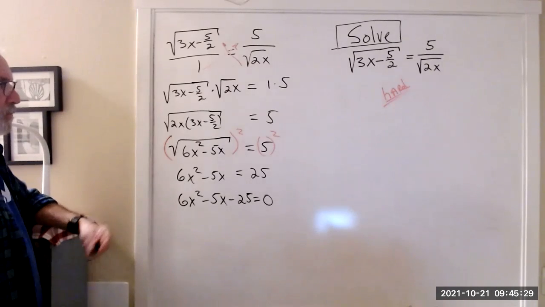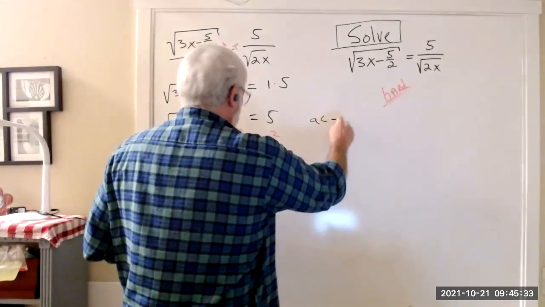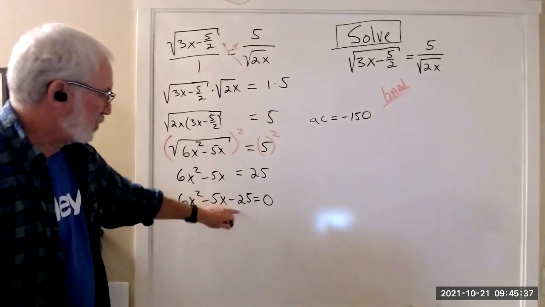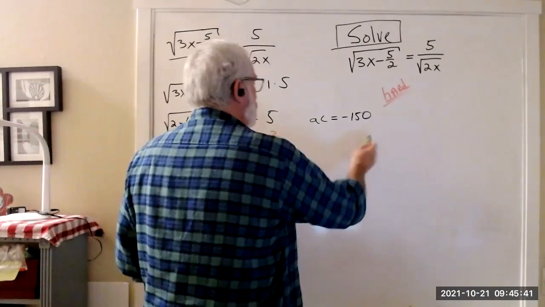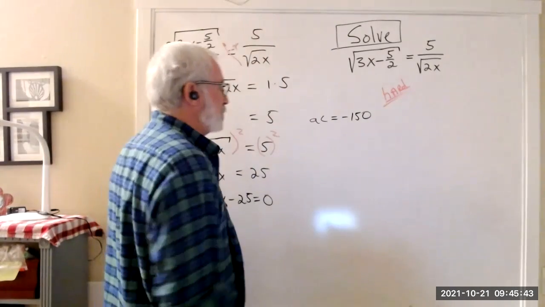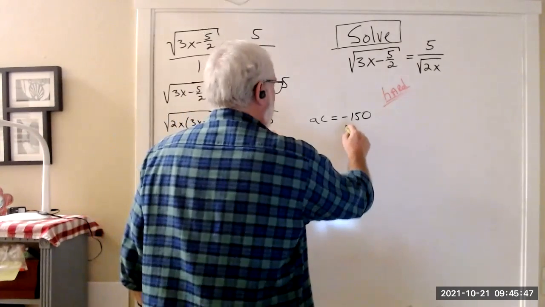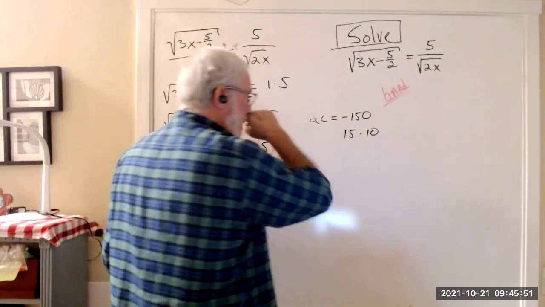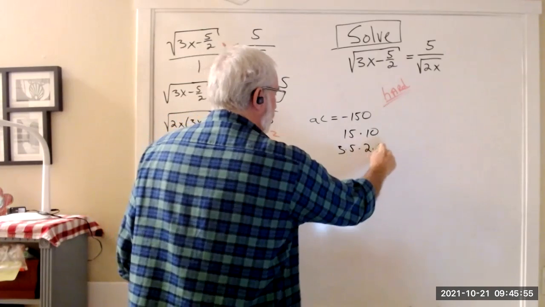And now I factor it. Well, the AC on this is negative 150. 6 times 25, negative 25 is 150. So you start thinking, oh, geez, what times what is 150? I don't know. But you can break it down into 15 times 10, which is 3 times 5 times 2 times 5.